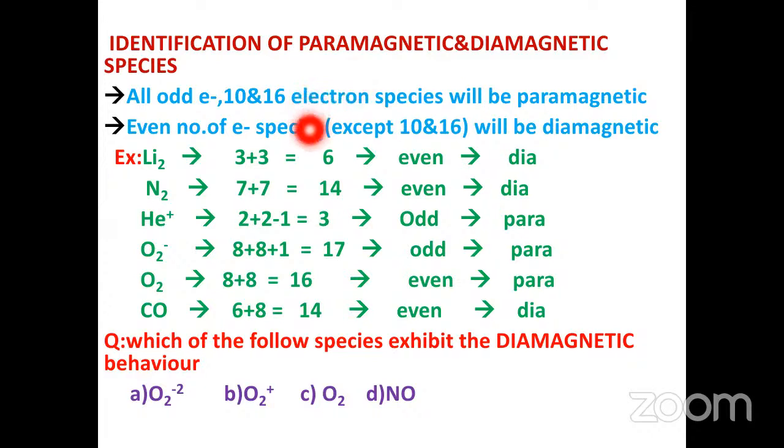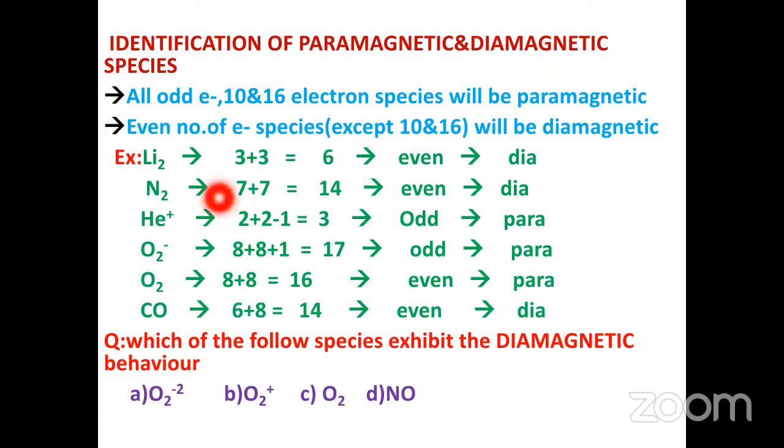All odd-electron species, and 10 and 16 electron species, will be paramagnetic in nature, and even-electron species except 10 and 16 electrons will exhibit diamagnetic nature.